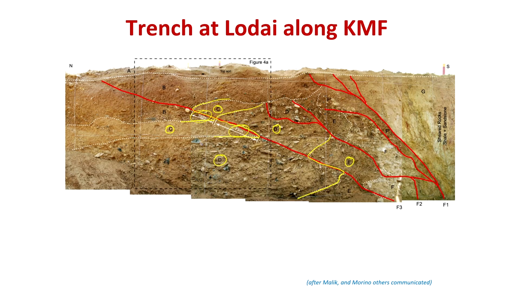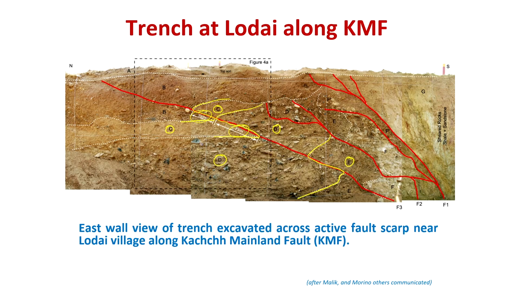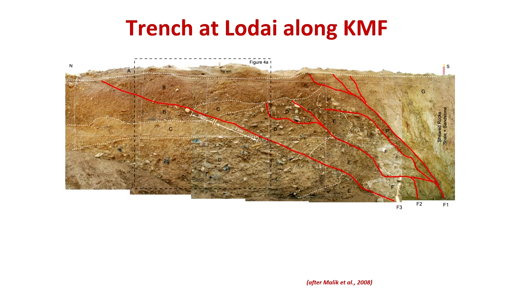So, we just played with this, as we usually do in a jigsaw puzzle. This is the east wall view of the trench excavated across the active fault scarp near Lodai village, across the Kashmir fault. So, what we did was crop this portion of the trench, and then we played with it.